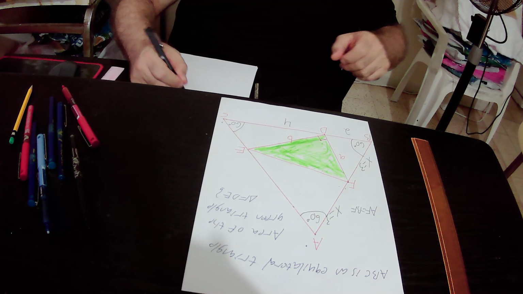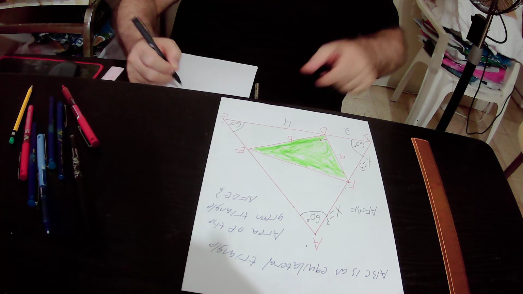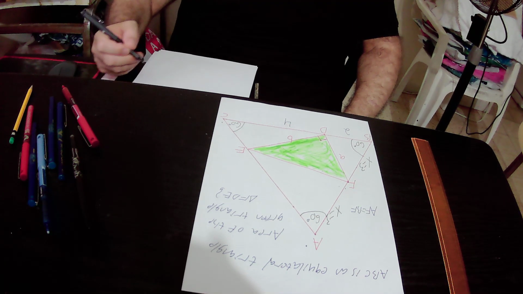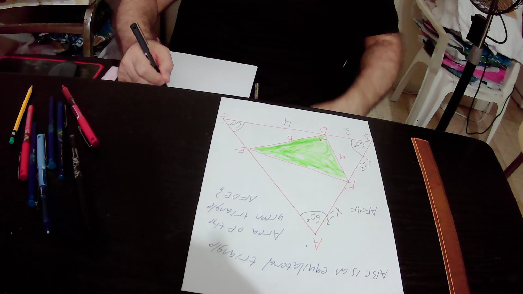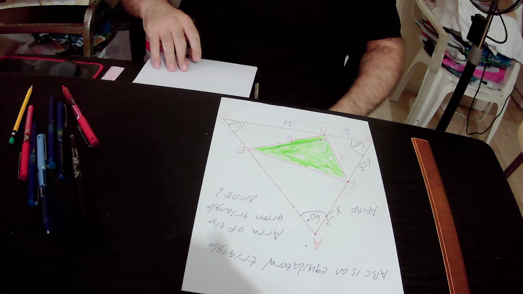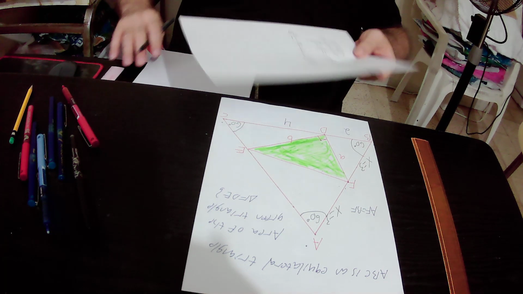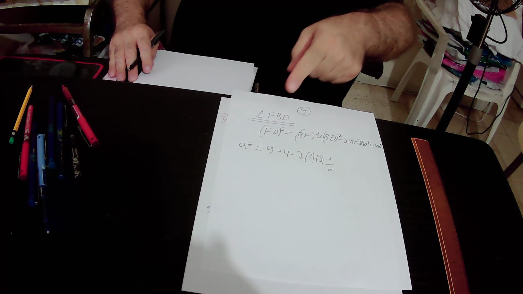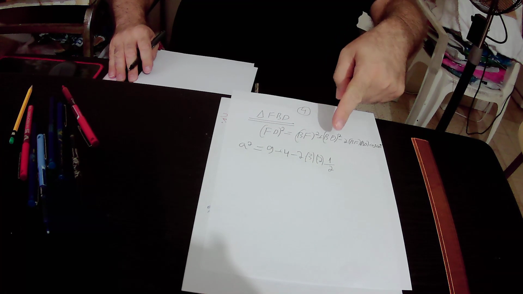minus 2 times BF, which is 3, times BD, which is 2, and cosine 60 degrees equals 1 over 2. So, in total, we got that A square equals 9 plus 4 minus 2 times 3 times 2 over 2.